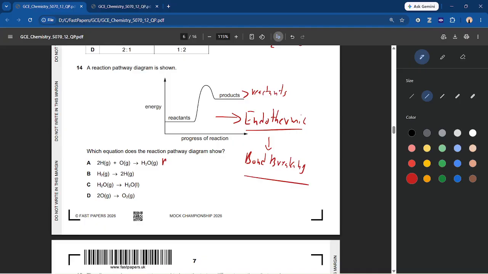This is bond forming. This is just a state change, so no real energies over here. This is also bond forming. And over here, you're breaking bonds. So this is bond breaking. As a result, by process of elimination, we cut out everything except B.